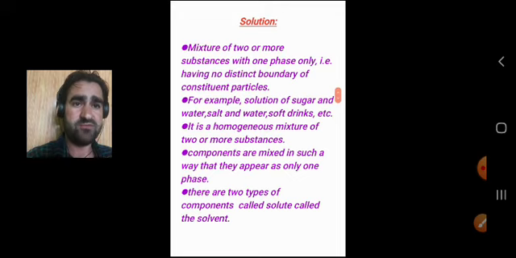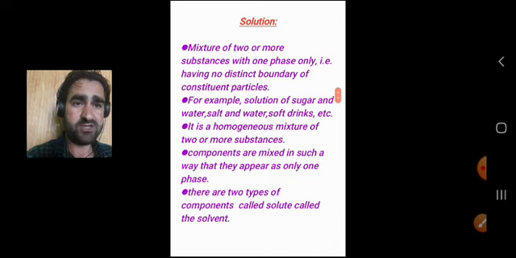For example, if we prepare a solution of salt and water or sugar and water, we will not be able to identify the sugar particles or salt particles because they are mixed together in a way that they appear as a single phase or a single component.